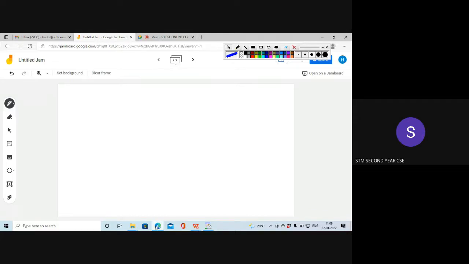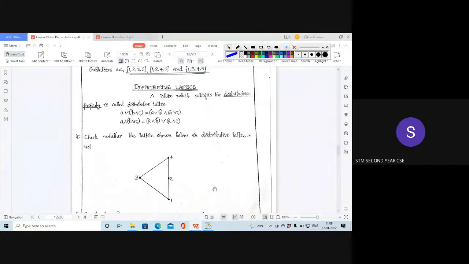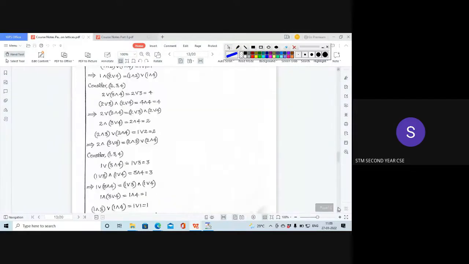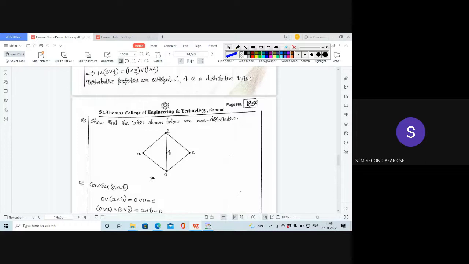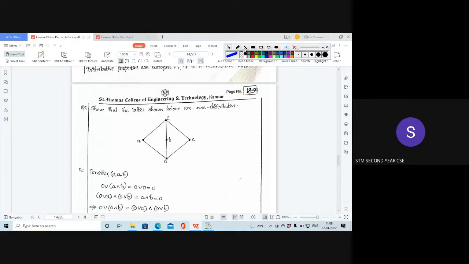So let us see some more examples. Other examples are solved here. See, another lattice is also given here. You have to remember one more thing in a lattice: the lowest element is often 0, and the highest element is often the identity element 1.